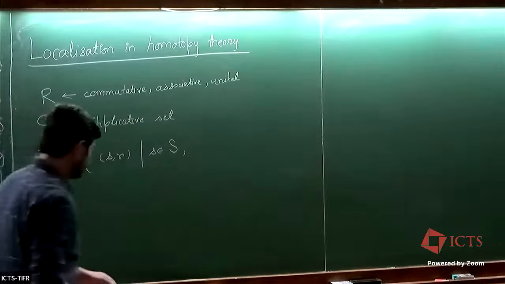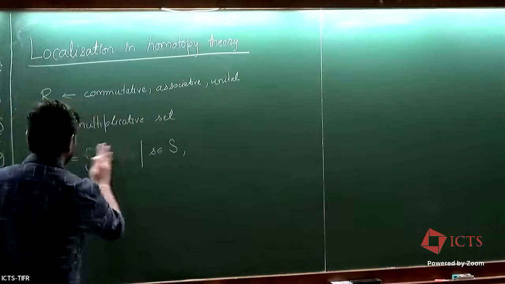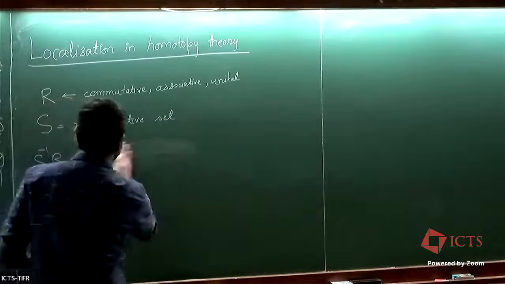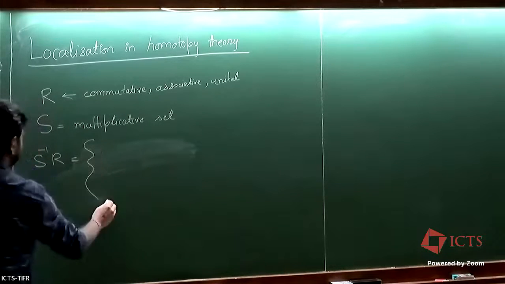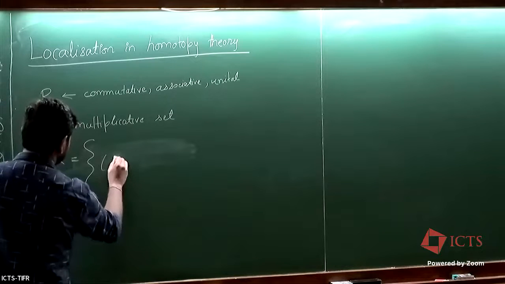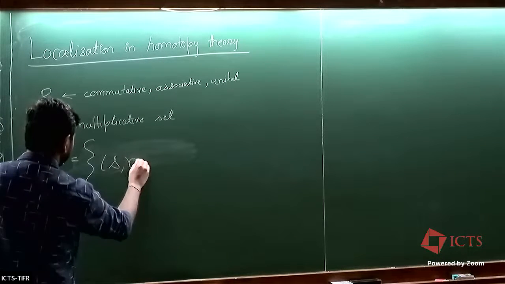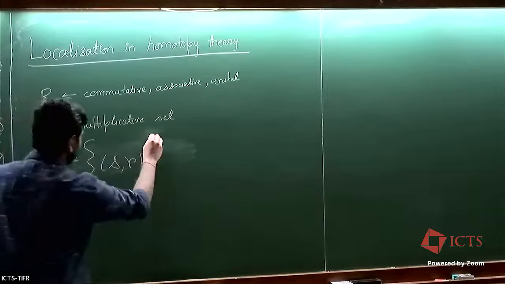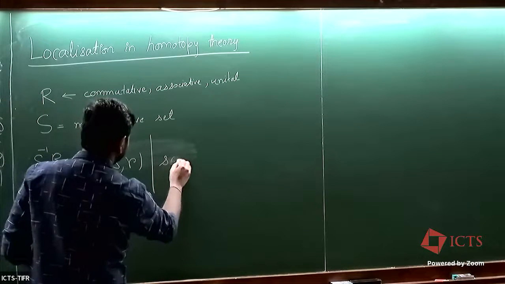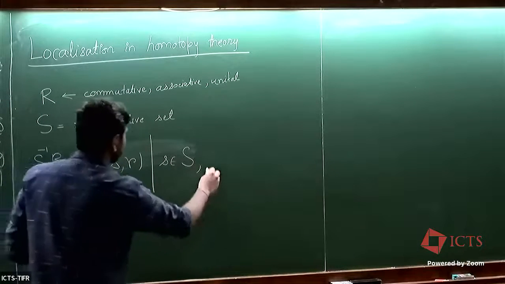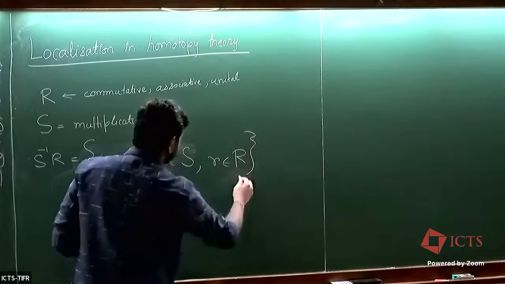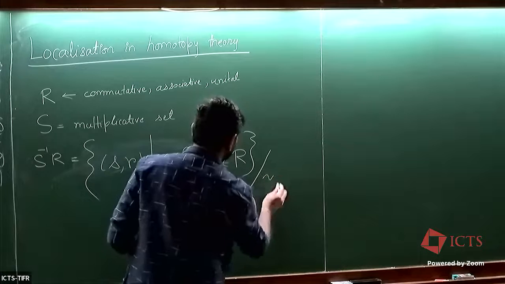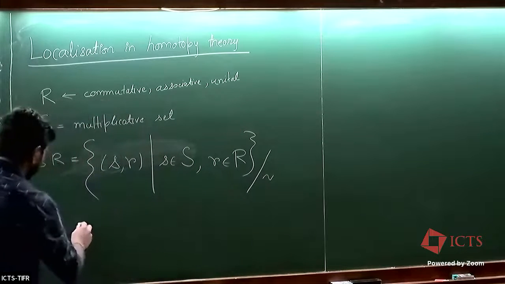So this is nothing but the collection of small s comma r such that small s belongs to this multiplicative set and small r belongs to the ring, and an equivalence relation which is defined like this.